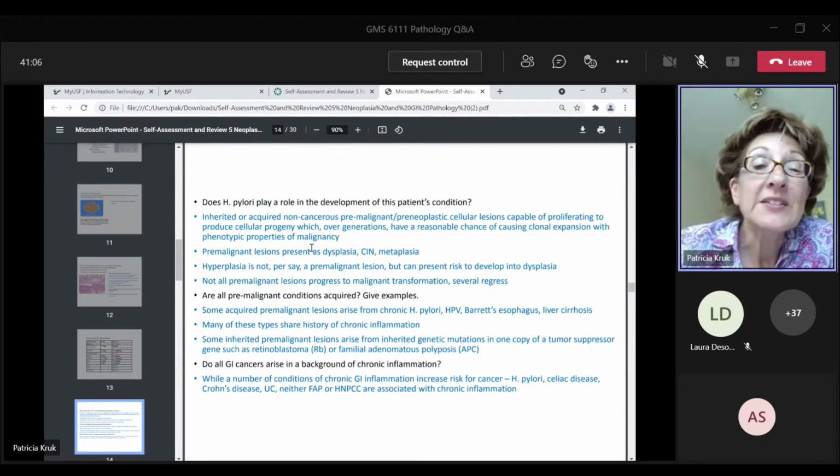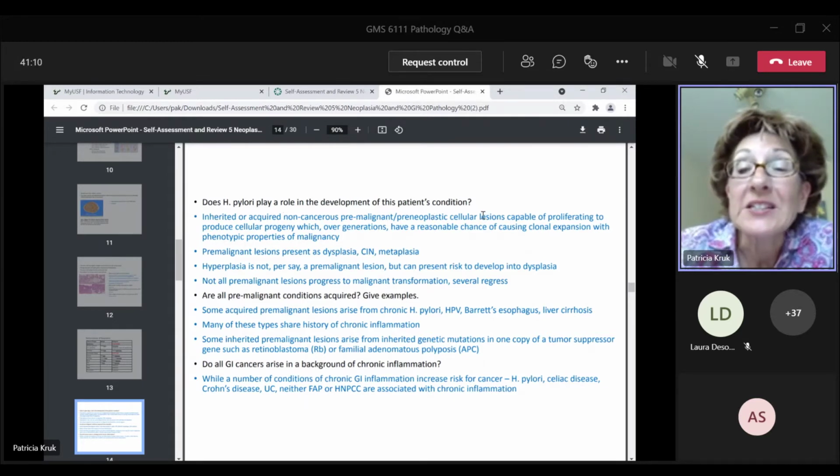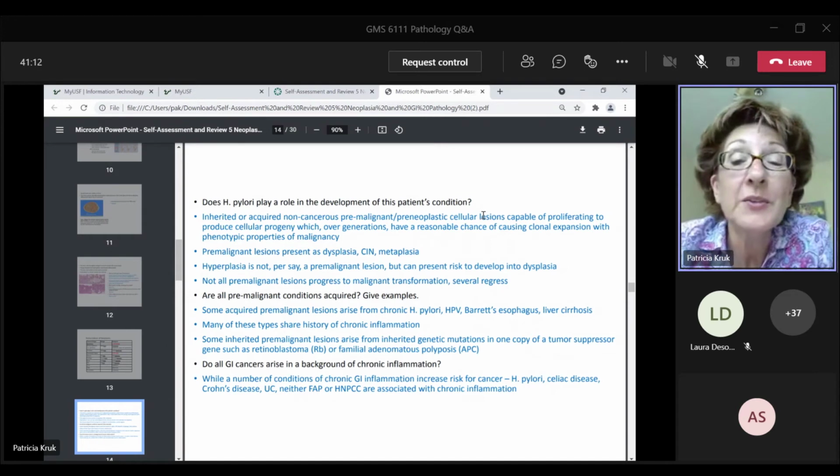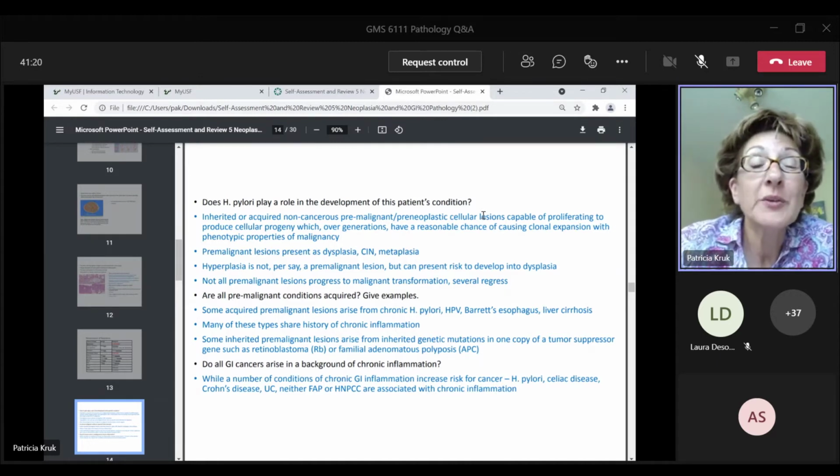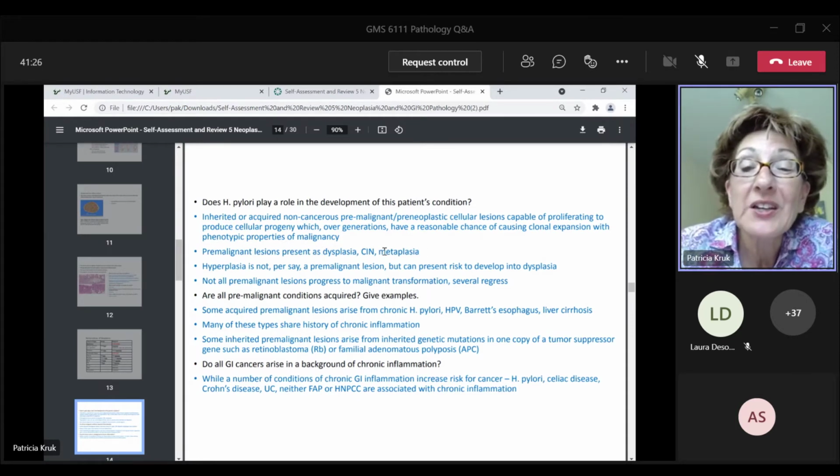So we have a number of these inherited or acquired pre-malignant conditions. Remember, these conditions in and of themselves are not a cancer, and while some of them will resolve, often a lot of them can progress. Some of them typically present as a little bit of hyperplasia, but mostly dysplasia, metaplasia, and carcinoma in situ.